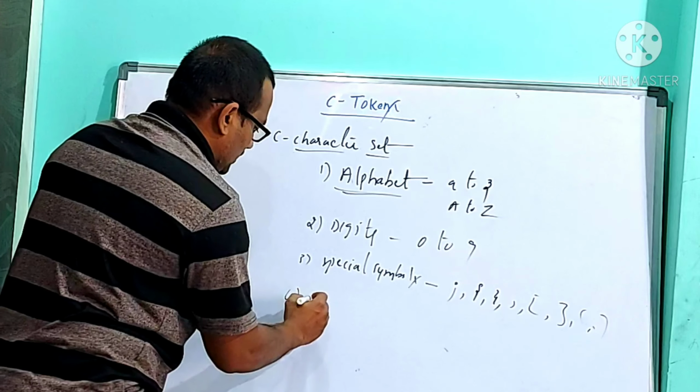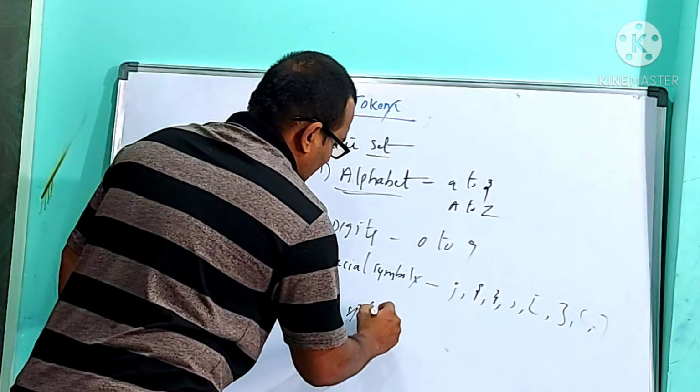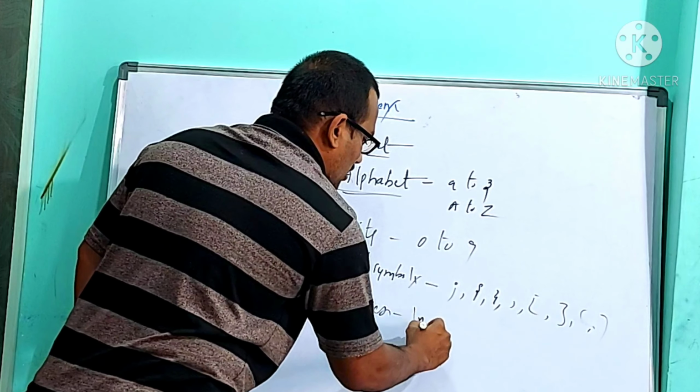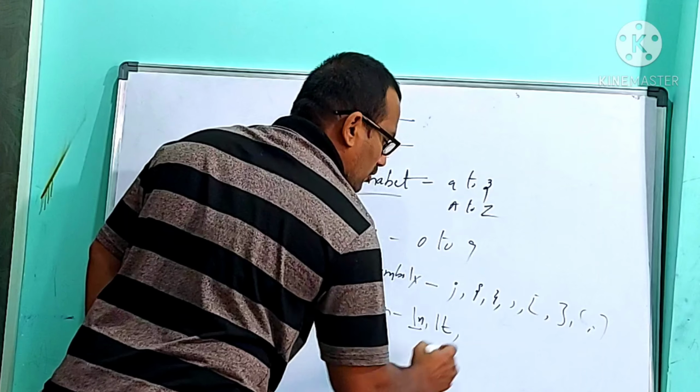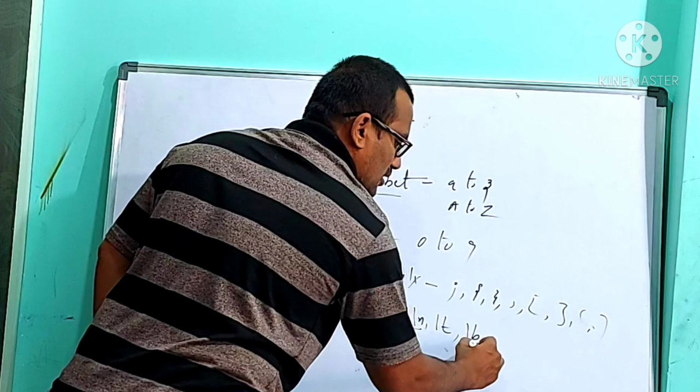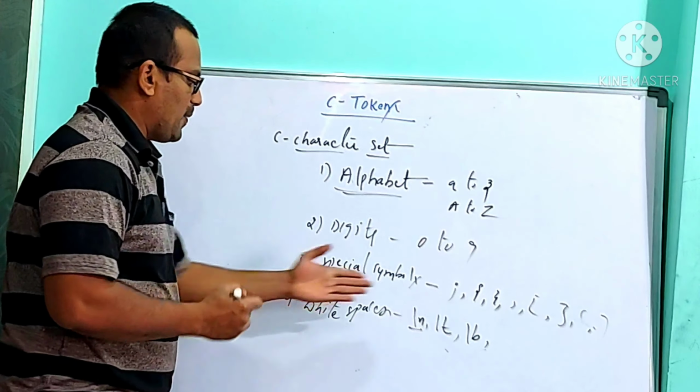And the fourth one is white spaces, like \n, new line escape sequence character, \t, horizontal tab, \b, backspace, like that. All these come under white spaces.